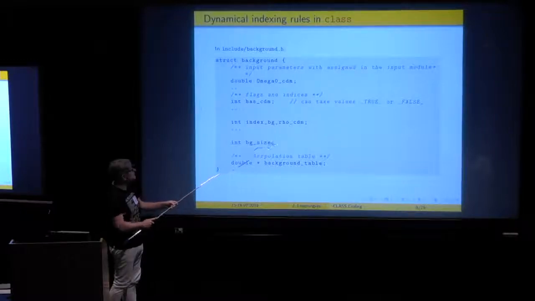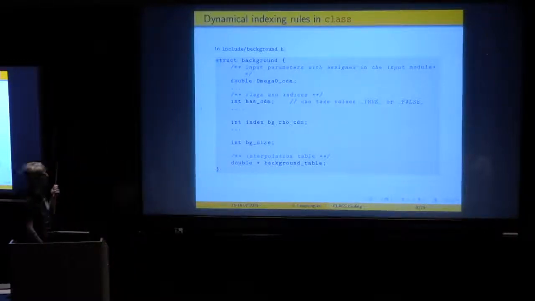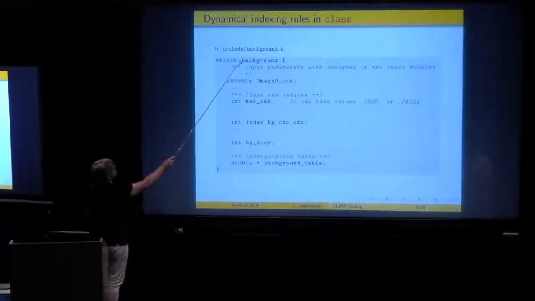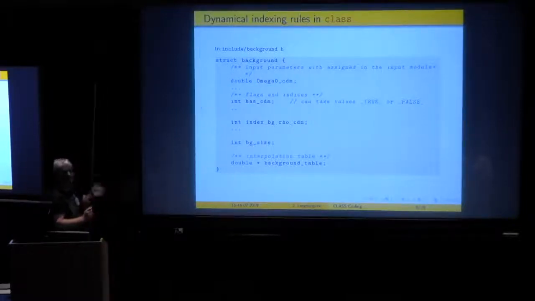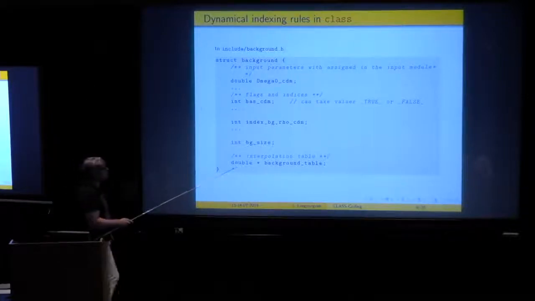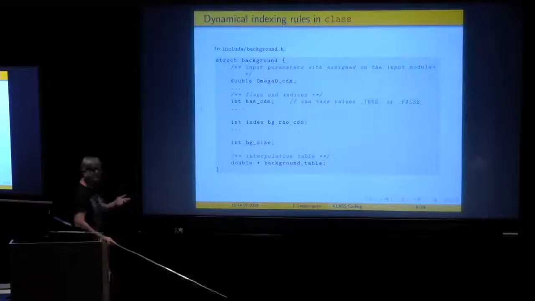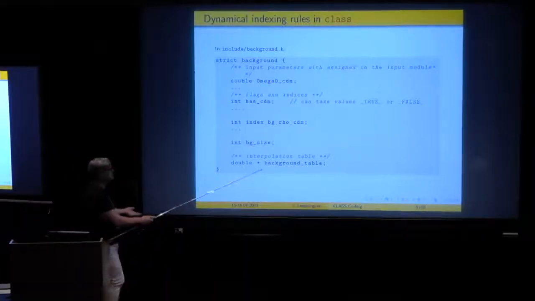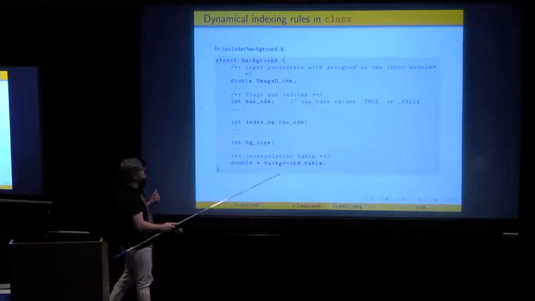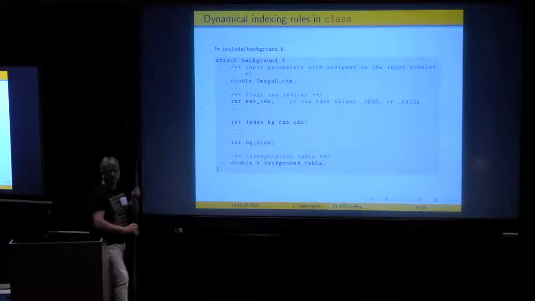This is really the style everywhere in the code. And just to remind you, the goal of the background module is to fill up a table with all values. So at some point, you would find a double background table, and our goal is to fill this table. But in order to fill the table and to read it later, we need to know the value of all indices.